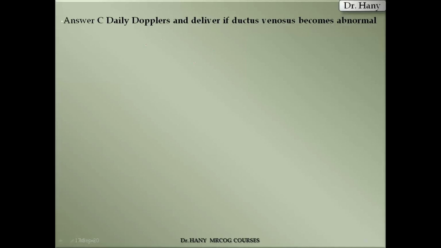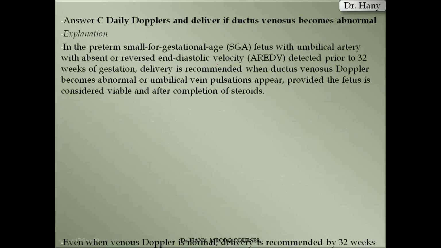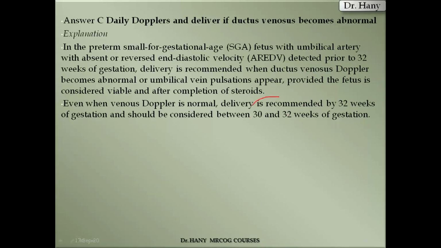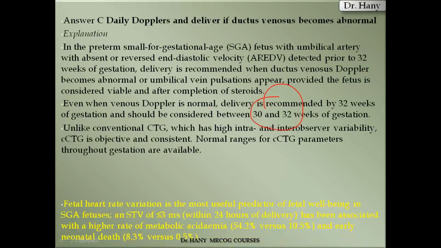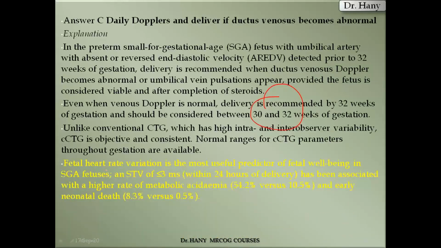A daily Doppler, and deliver if the ductus venosus Doppler is abnormal, and even if normal, I will deliver by 30 or consider delivery between 30 and 32 weeks of gestation. This is what he will tell you here in the explanation. But I highlighted a very nice point here. Fetal heart rate variation is the most useful predictor of fetal well-being in small for gestational age.